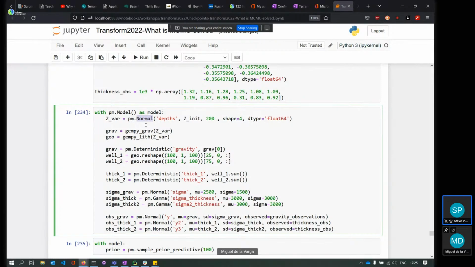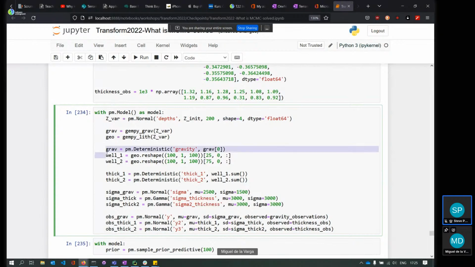This is the syntax that PyMC has to create 4 distributions that are exactly the same. So instead of typing in every single prior manually, you can define the whole family of normal distributions of your model just by using NumPy arrays and defining the shape here. So in this case, we have 4 points. Those are the 4 interface points that we saw before.